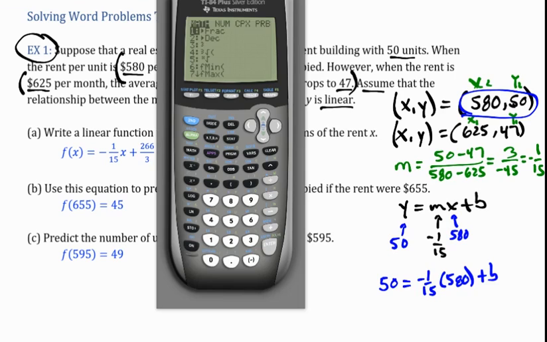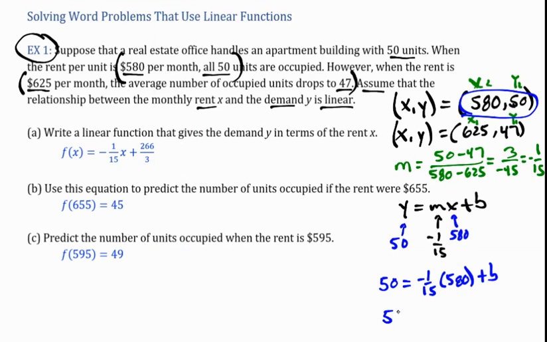I'm going to use math option 1, frac, and convert that decimal to negative 116 over 3. So 50 is equal to negative 116 over 3 plus b. Now we would like to change this number 50 to be a fraction that has a 3 in the denominator, so we can combine those constants.